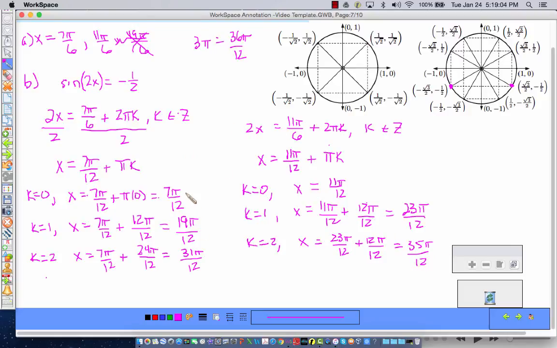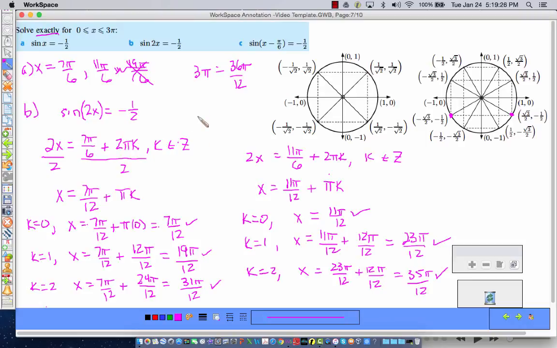So I have all my answers. This one, this one, this one, this one, this one, this one. 6 solutions. So you have to be very, very careful. Okay. Now we should also try -1 here, but you can clearly see that 11 pi over 12 minus pi for k equal to -1 is going to be a negative answer, which is outside of the domain stipulated here.